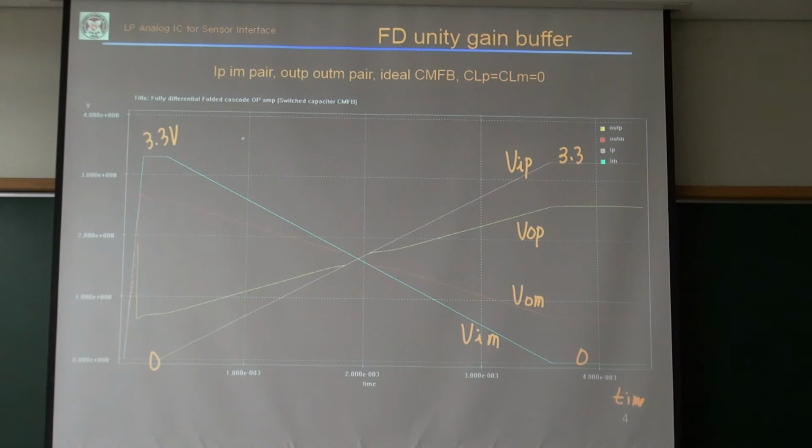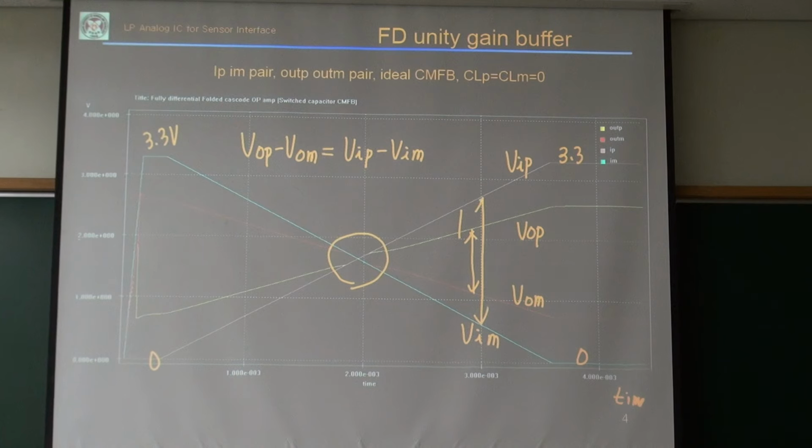I wanted the differential output to be the same as the differential input. In this very narrow range it works fine, but here it doesn't work. The differential output is only this much, while the differential input is this much larger. What's the problem?